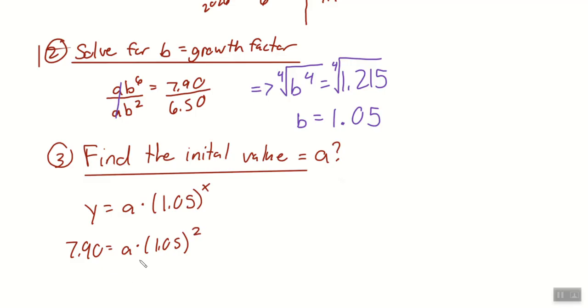I want you all to solve for A. So what do you get? Thank you, Lily. It is $6.50 on the other side, guys, because that was the cost for 2022. I was just remembering 2026.